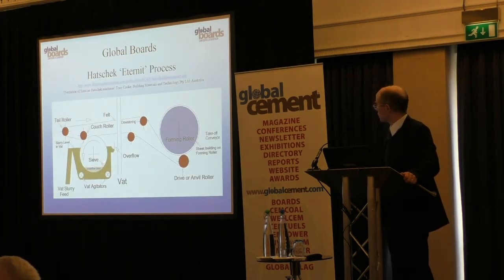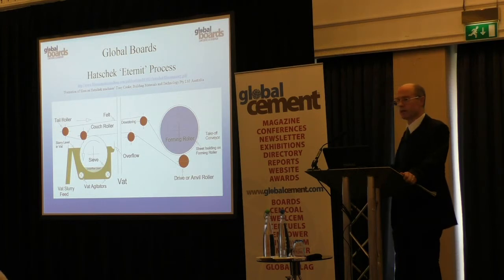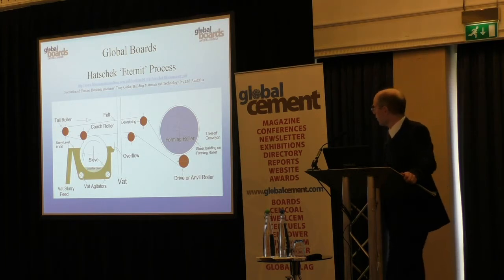So the heart of the process is essentially this vat, which includes the fibres, the cement, and the additives. It's topped up via the vat slurry feed, and it's controlled by this overflow, so it has a constant level.